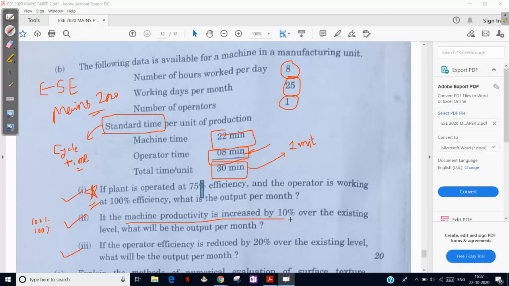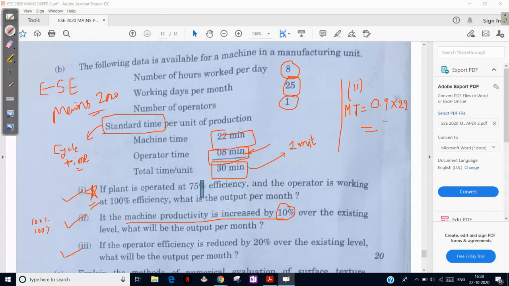So in the second case, the machining time, MT, I am writing here, will be 0.9 times, a 10% decrease in the standard time.